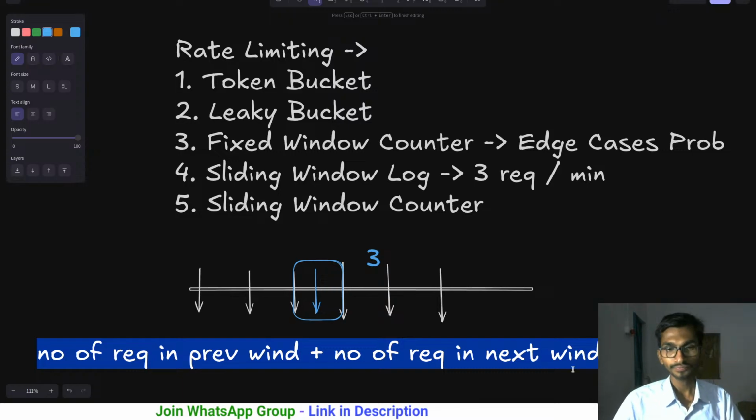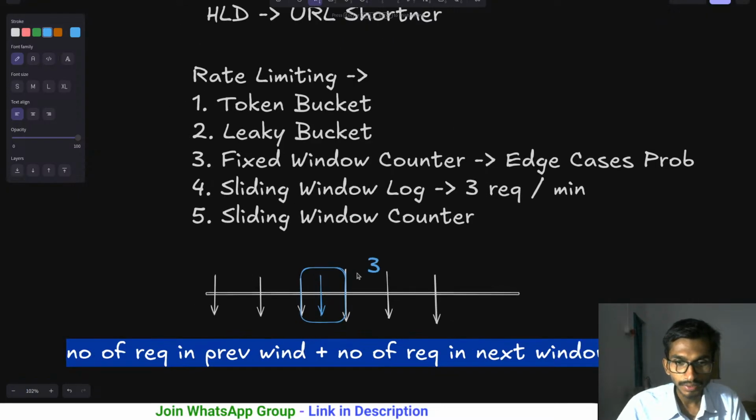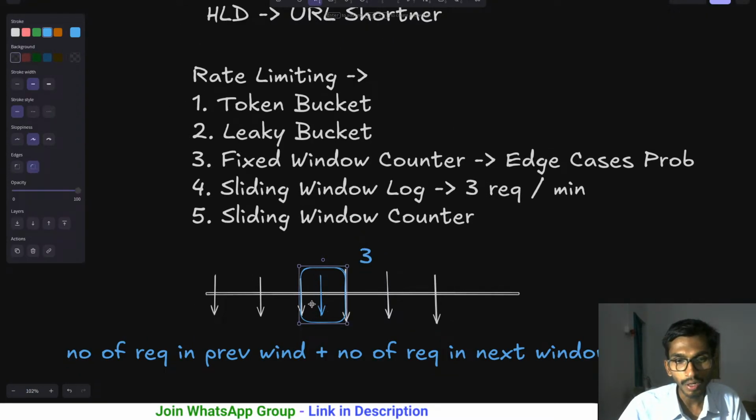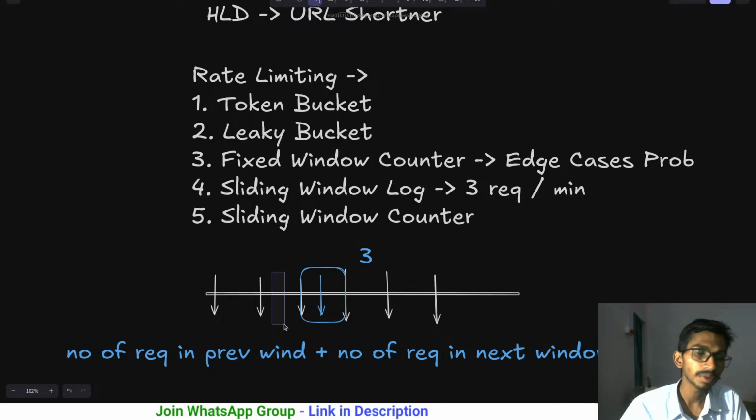Let me make it something like this, because 3 requests are allowed at a time, and over here we already have 3 requests in this one. It keeps sliding, it's fixed, and in the previous we don't have any, so it's 0.